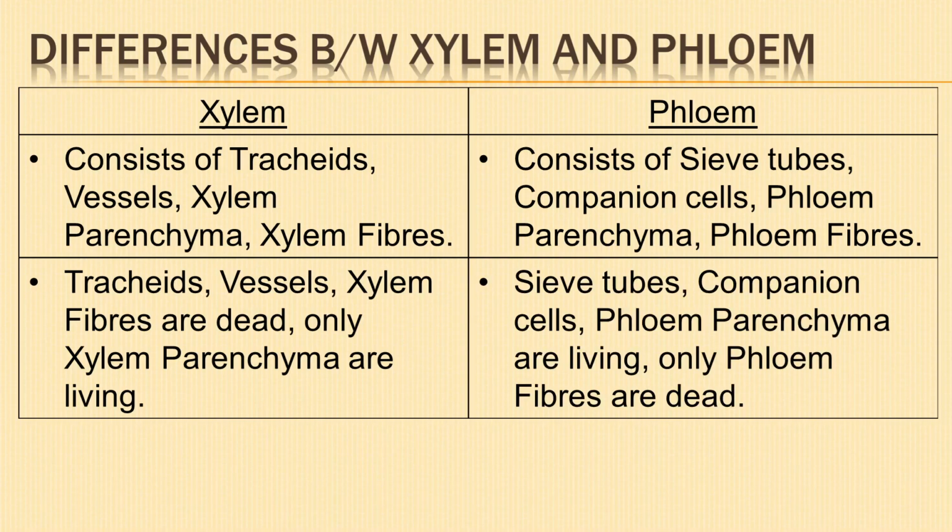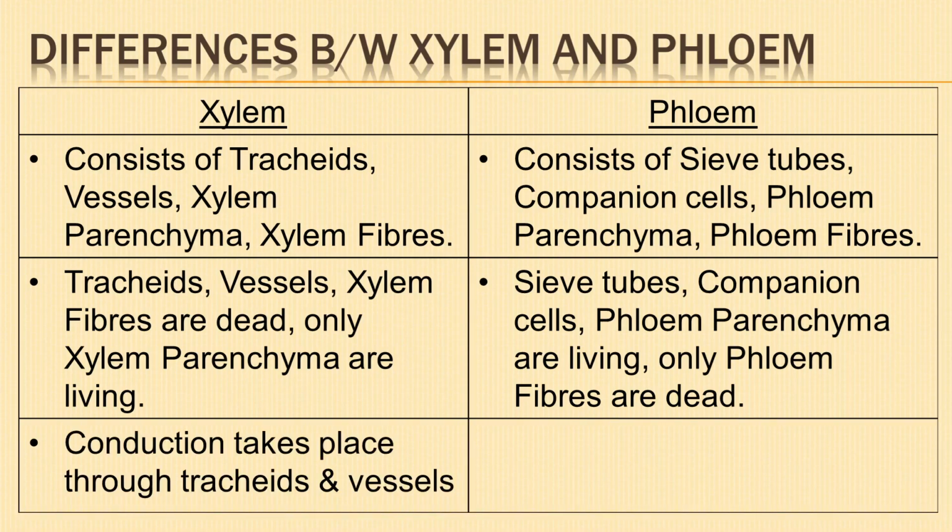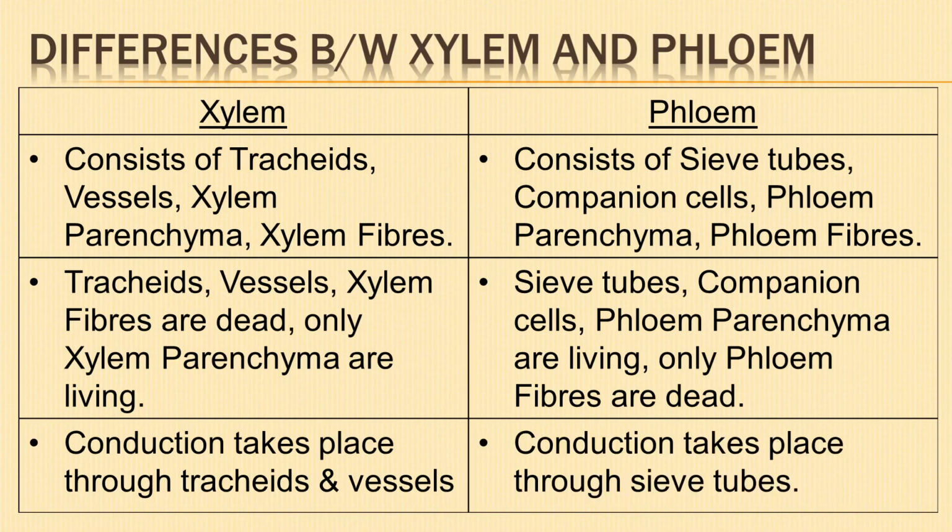In phloem, sieve tubes, companion cells and phloem parenchyma are living and only phloem fibers are dead. In xylem, conducting channels are tracheids and vessels. In phloem, conducting channels are sieve tubes.